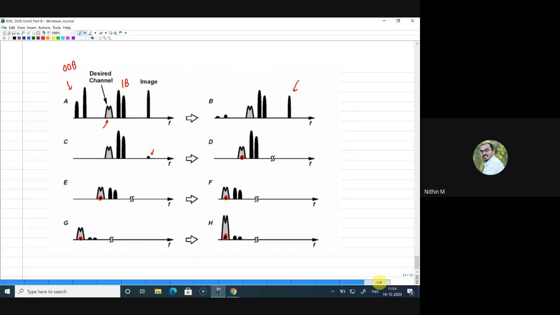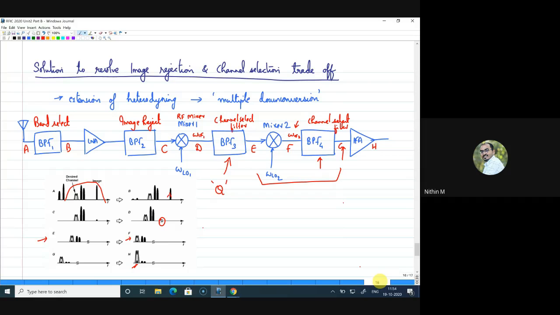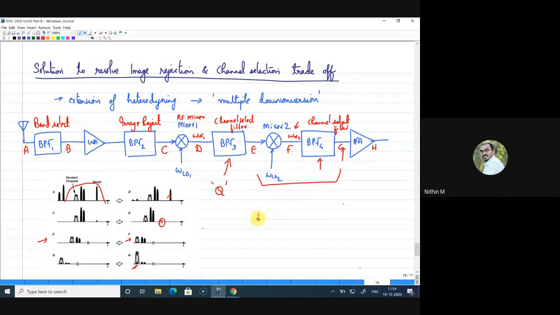Right. So this architecture where we employ down conversion two times, or where we use two IF frequencies, is called dual down conversion or dual IF heterodyne receiver.